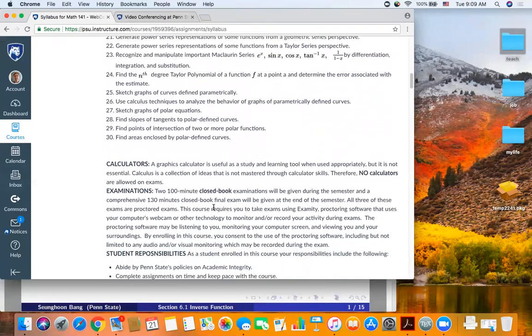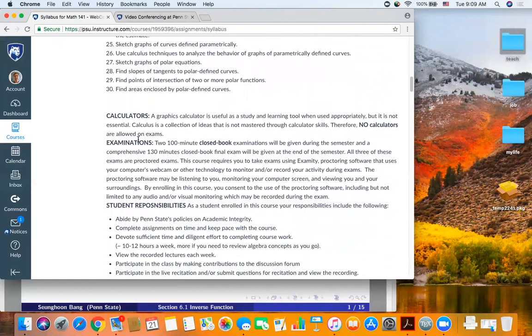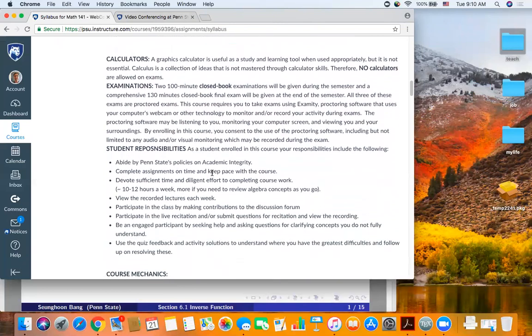We have 2 100-minute closed book examinations and 1 comprehensive 130-minute closed book final exam. Why the different time? The reason is very simple: we have different points. I can explain that later.